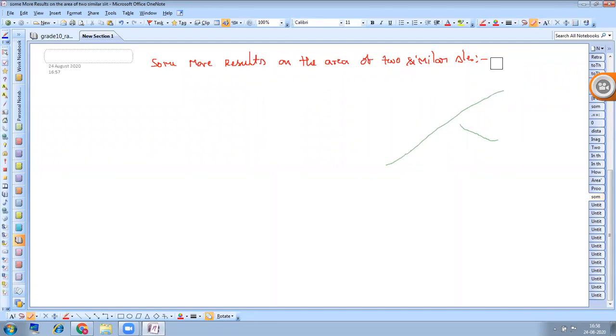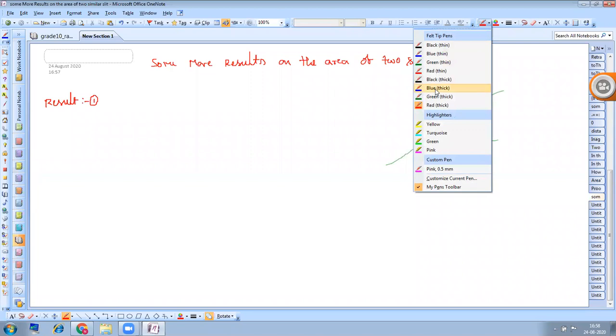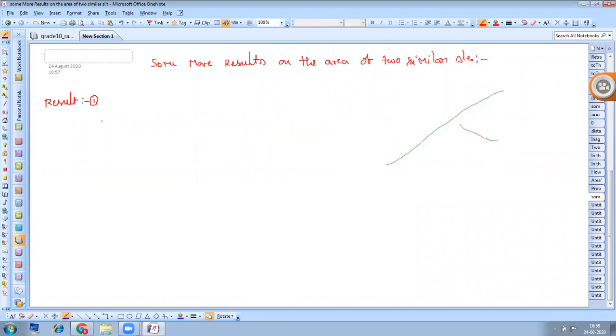The first one: the ratio of the areas of two similar triangles is equal to the square of the ratio of their corresponding altitudes.